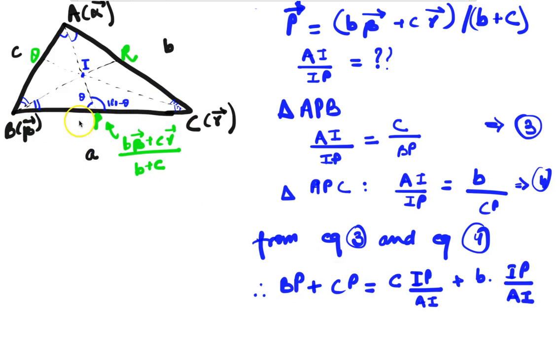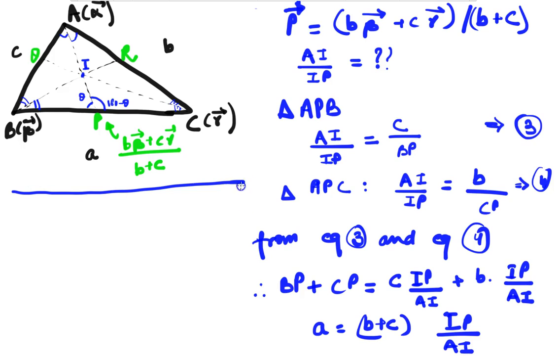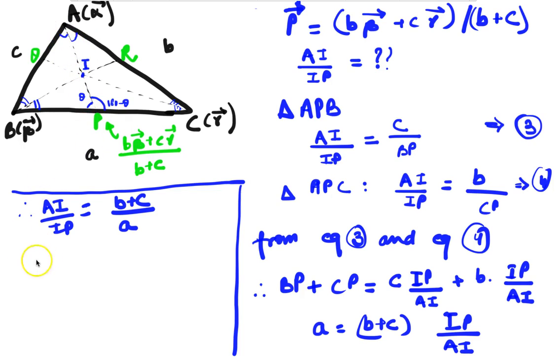BP plus CP is A, which is equal to B plus C into IP by AI. So therefore AI by IP, which is the original ratio that we wanted to find, is B plus C upon A.